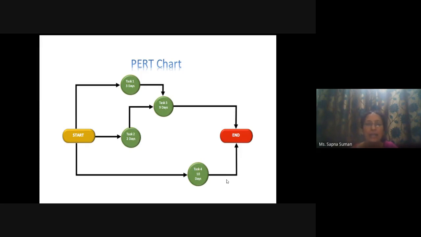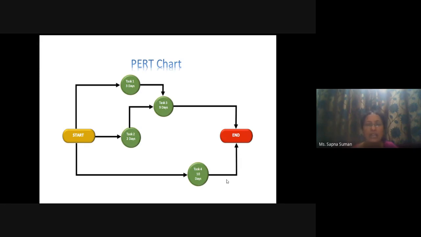Again, the starting and the ending point are rectangular boxes with curved lines, and the events are represented by green circles. In the circles, the tasks are numbered, task 1, task 2, this way. Also, the number of days needed to complete one task is mentioned on these circles.